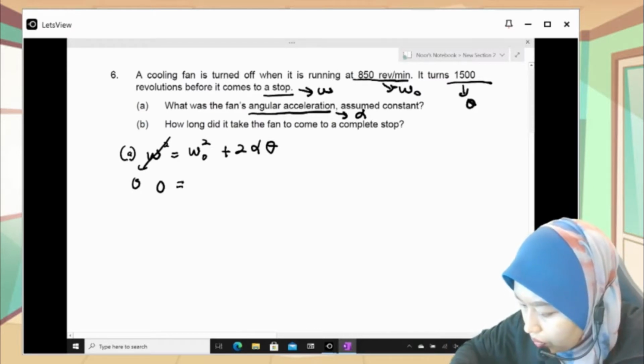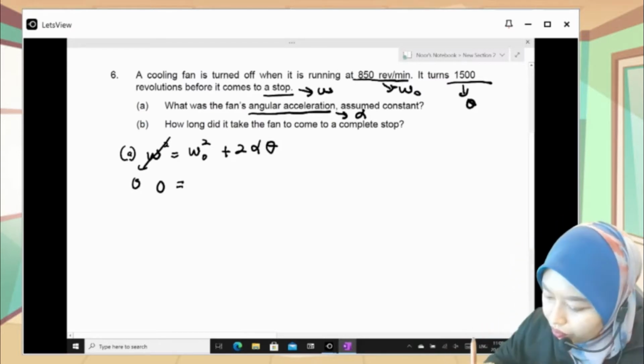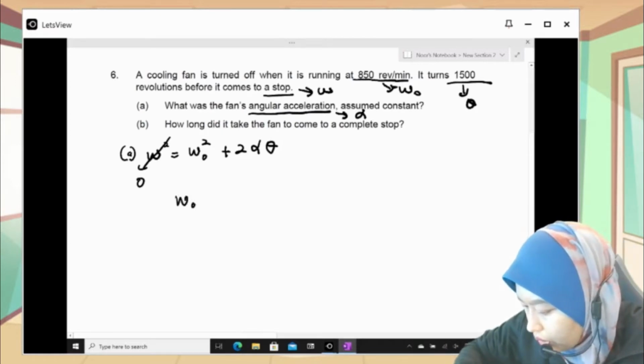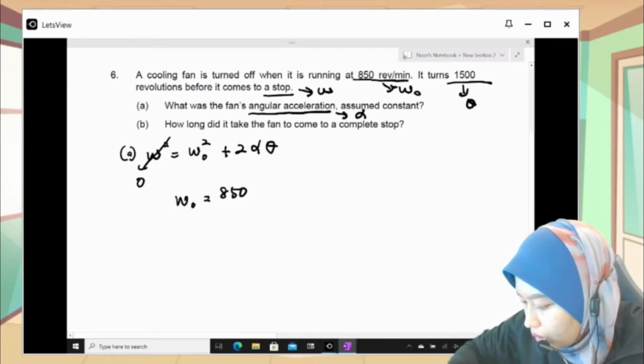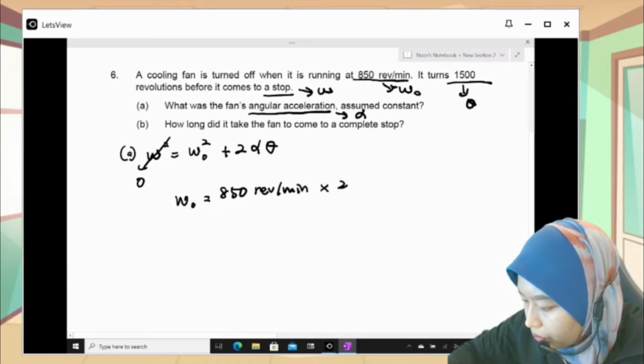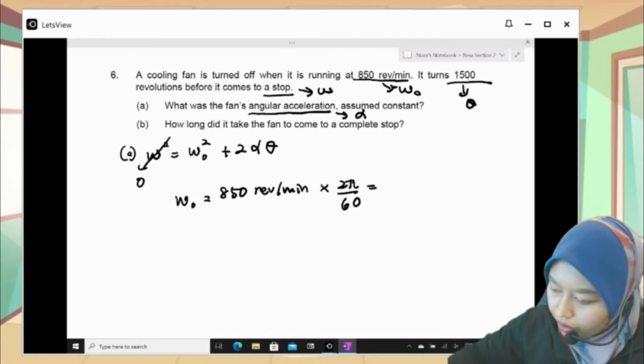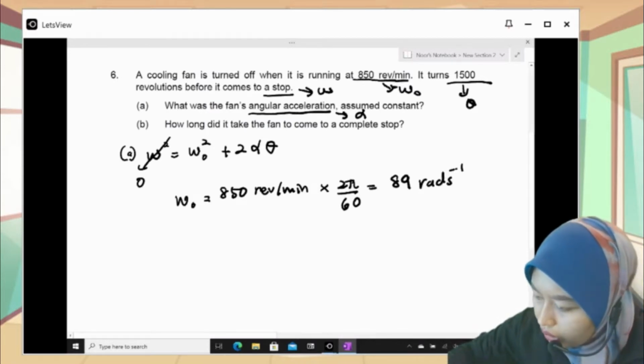Omega naught is initially 850 revolutions per minute. So we change it to radian, times it with 2 pi over 60. So 850 times 2 pi divided by 60, we got 89 radian per second.